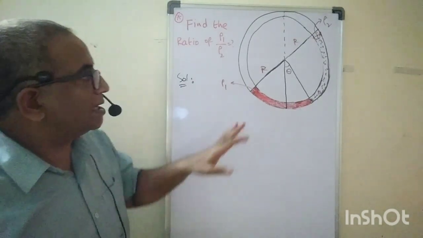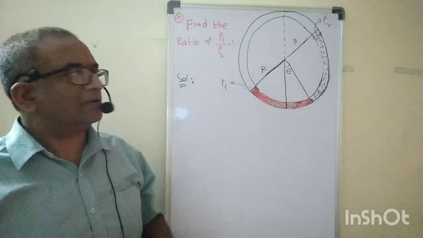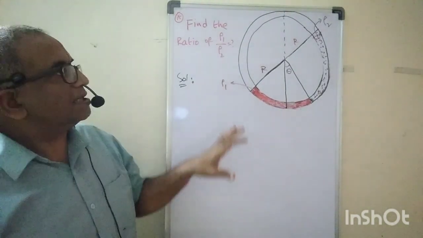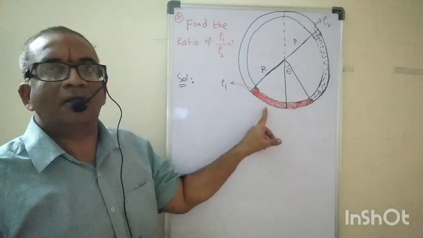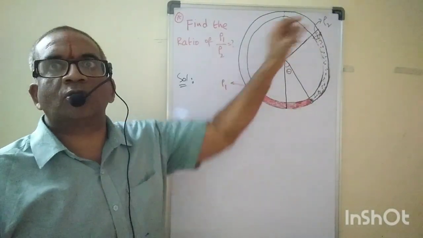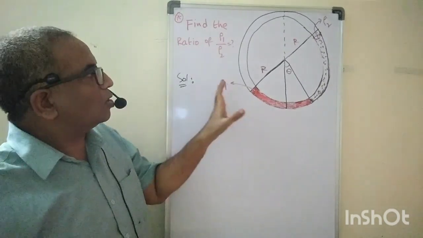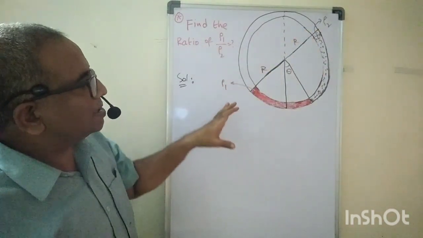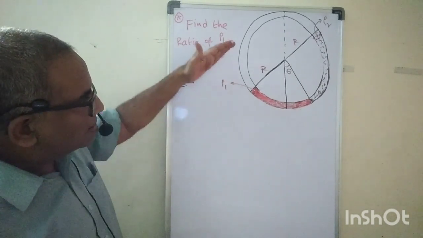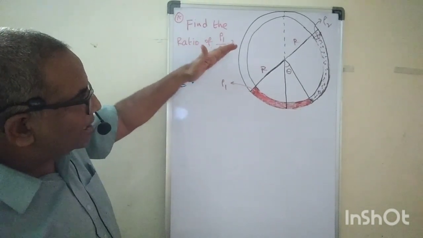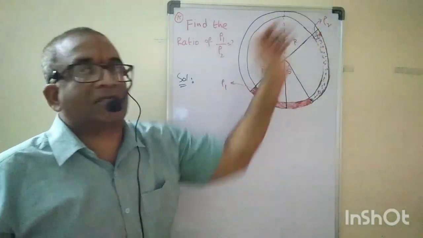Similarly, there is another problem they have given. A very wonderful problem. In this problem, they give two different densities of materials, one is rho 1 and another one is rho 2. Rho 1 is the more dense, so it has pushed the rho 2 to the other side.